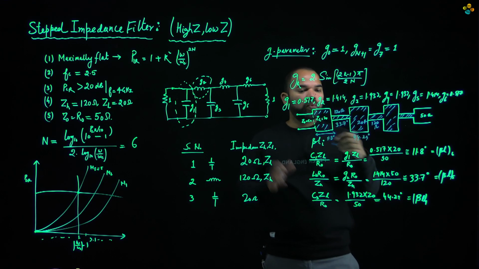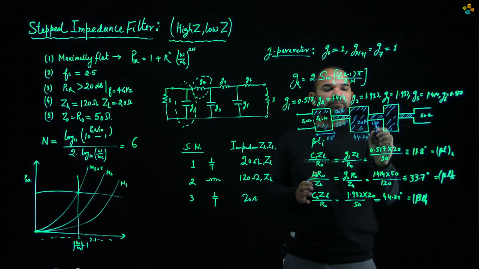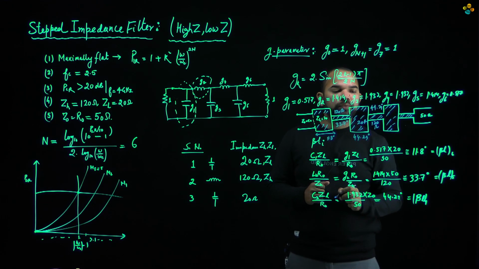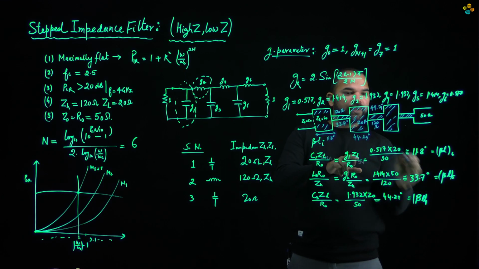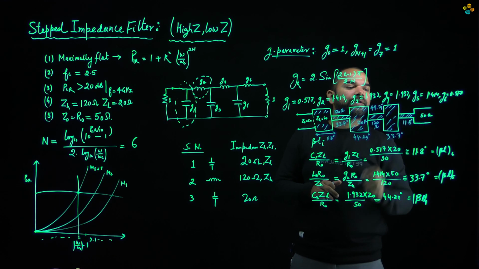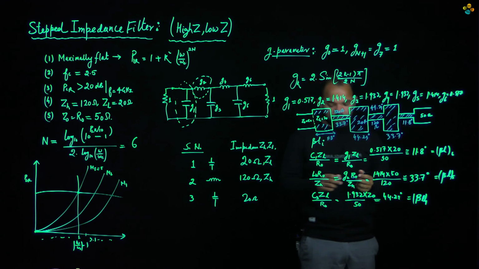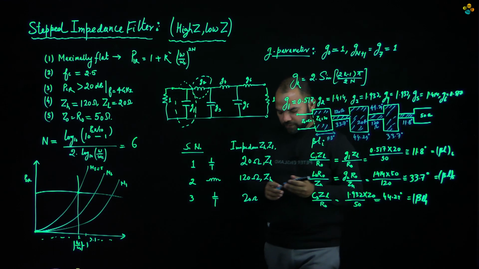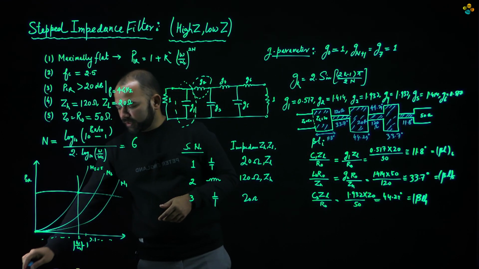And again, for the symmetry, this is 44.29, and this comes out to be 33.7 degrees, and this comes out to be 11.8 degrees. So this is how we can design a filter through stepped impedance transmission line.